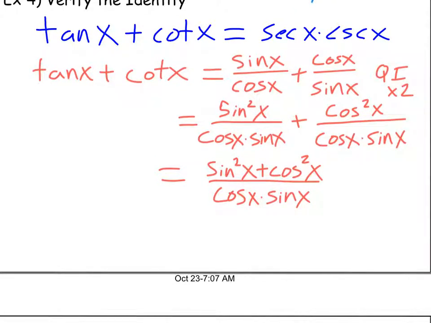And that's exactly what's going on here. The numerator I'll substitute 1 and make a note at that step that I used a Pythagorean identity.